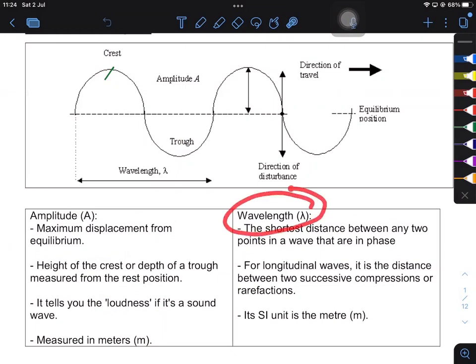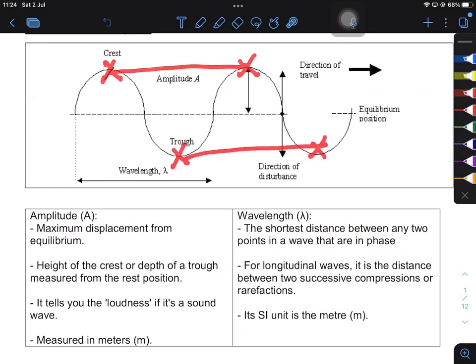Then the wavelength here, let's go through it real quick. Nothing much here. It is basically the shortest distance between any points in the wave that are in phase. Like I mentioned, if you start from the crest, it will end at the crest. If you start from the trough, it will end at the trough. If it starts from the equilibrium position, it will end at the equilibrium position. All these are basically wavelengths here, right?